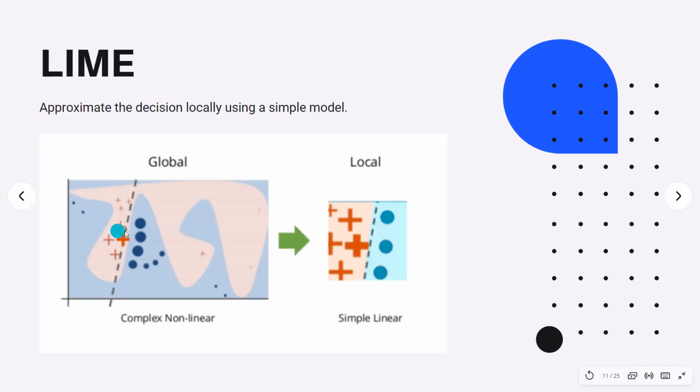It's very important to check the sizes. So basically, we're interested in this point. We want to understand why our very complex, highly nonlinear model made the decision for this point to be positive and not negative. You can see here that we sampled some points inside the dataset randomly, and we attributed weights.